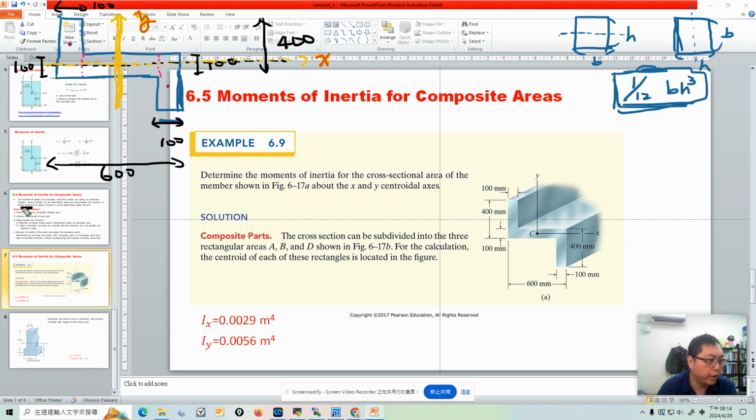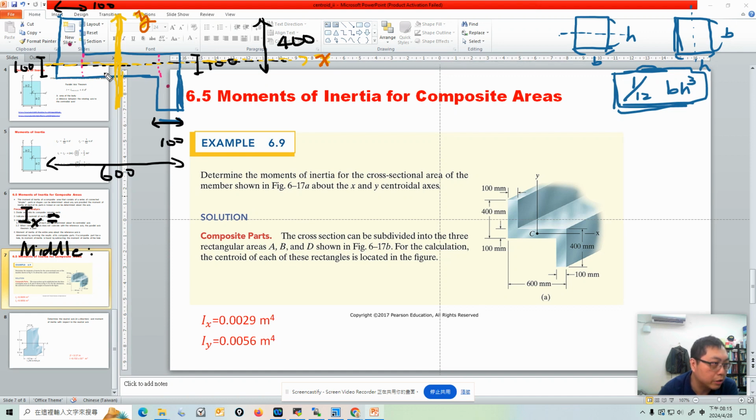Let's calculate Ix first. Ix means to calculate the moment of inertia with respect to x. Right now, our x is this axis. It's just a centroidal axis. We have the left, middle, and right. We start from the middle one first.